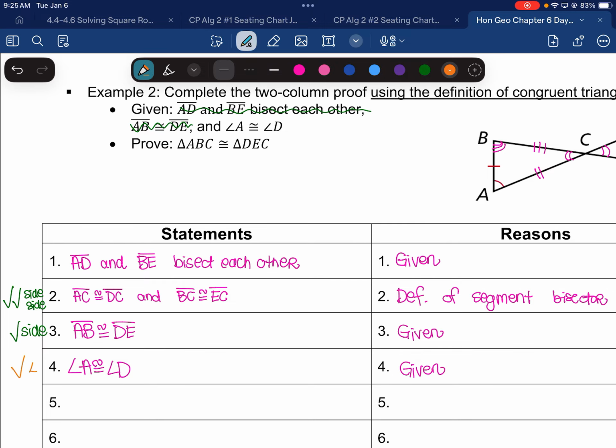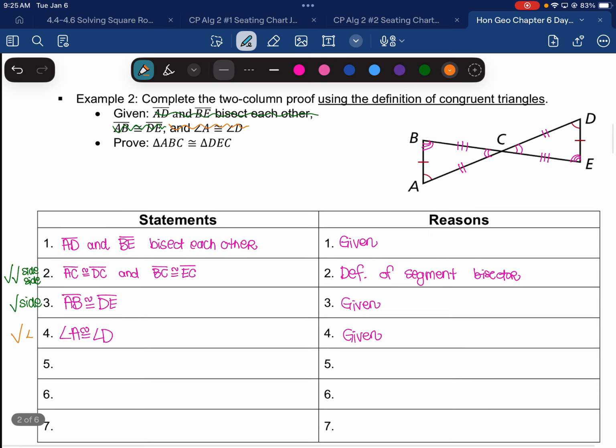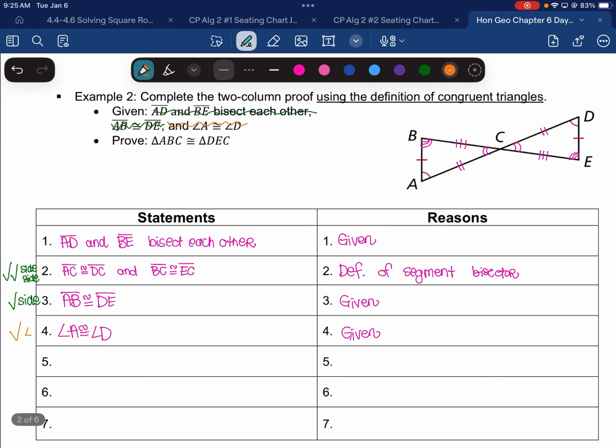And there's your first pair of congruent angles. But then we were kind of stuck. There's no more given information, but I'm still missing two pairs of congruent angles. So then what did we talk about? What came next? Which pair of the other two came next?